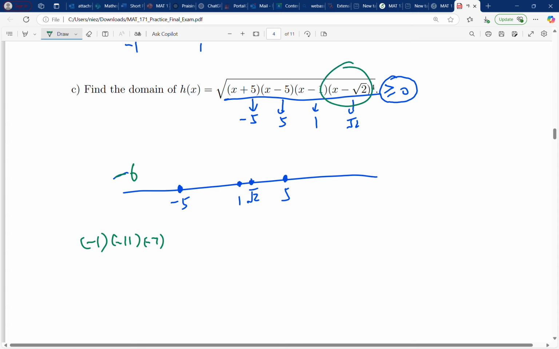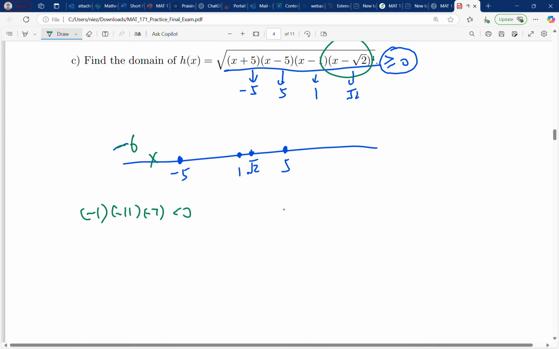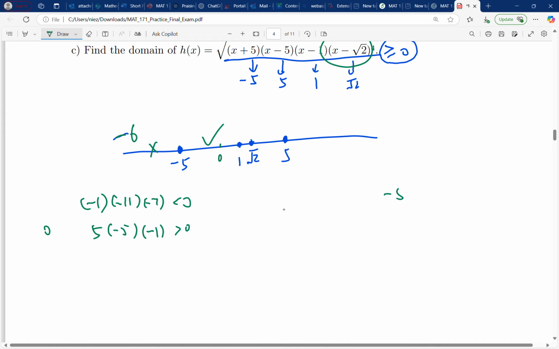And this one is always non-negative, so you can just ignore it. You find that here it's less than 0, so you should not use this interval. Then for negative 5 to 1, we can choose 0. You put 0 inside: here the 5, here the negative 5, and here negative 1, so it's positive, greater than 0, so this part is good. So negative 5 to 1 is good.